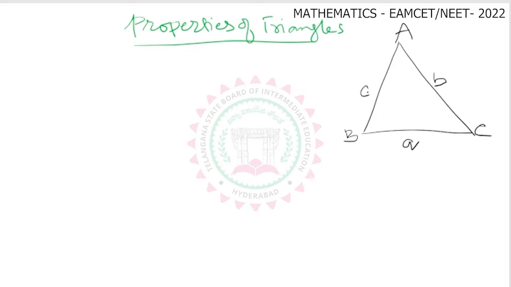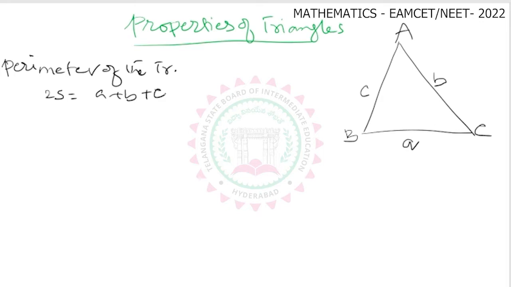So based on this, we will define the perimeter of the triangle ABC. So what is the perimeter of the triangle ABC? Perimeter of the triangle is denoted by 2s is equal to sum of the sides, that is a plus b plus c. Right? So 2s is equal to a plus b plus c. So this is called the perimeter of the triangle.